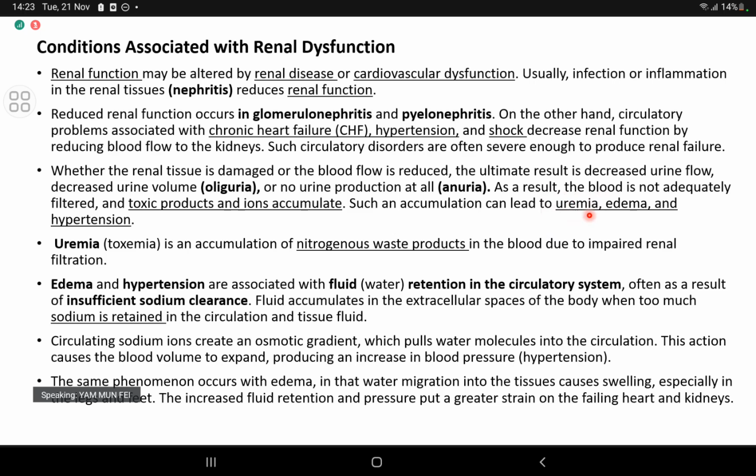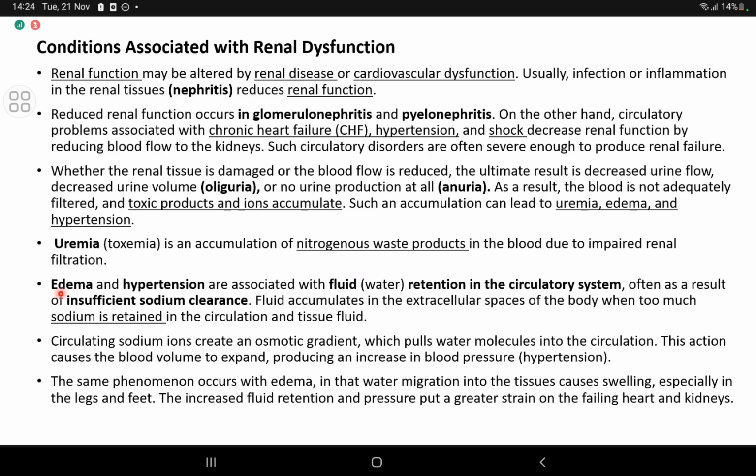Normally this uremia will be followed by edema and hypertension. Uremia is sometimes also known as toxemia because of the accumulation of waste products, especially nitrogenous waste products.